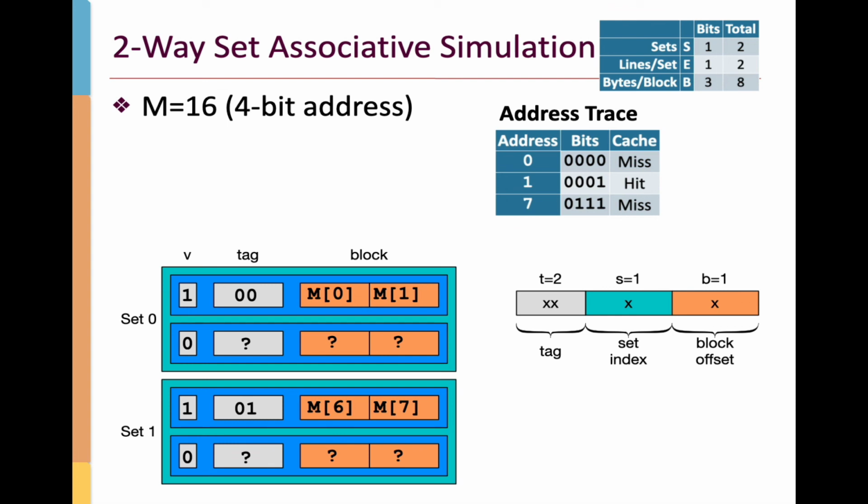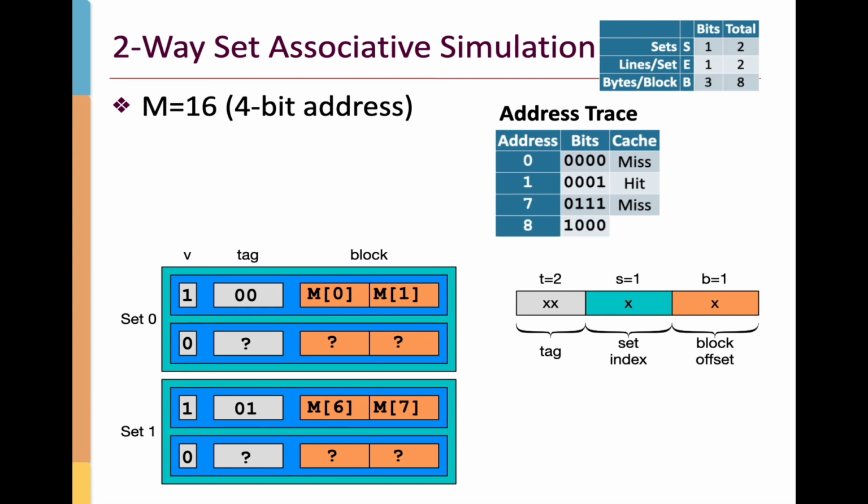And again, we can arbitrarily choose either of the lines within set 1 to store that information. So we're going to bring up the values for memory addresses 6 and 7 that correspond to this request. We're going to set the tag to match the top two bits in the address because that's our tag field, and we're going to set the valid bit to equal 1.